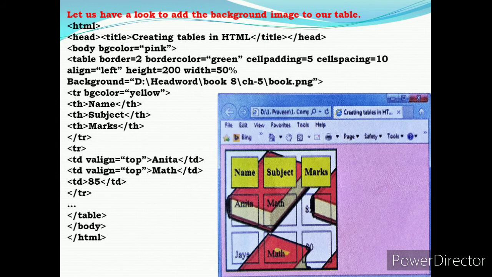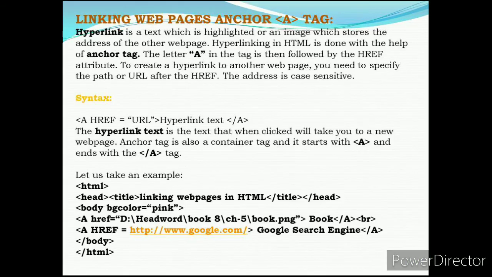Just for example, here I have given D drive, then under headwords, then we have gone under the books 8 folder, chapter 8, then the name of the image file, that is book.png.